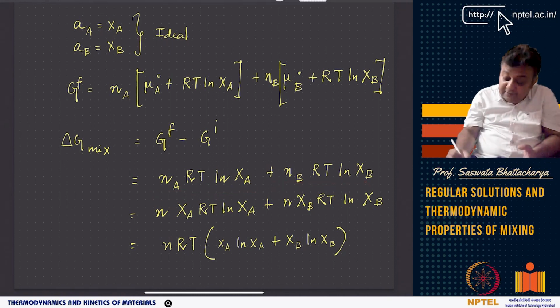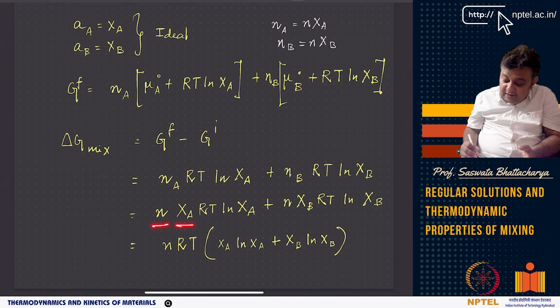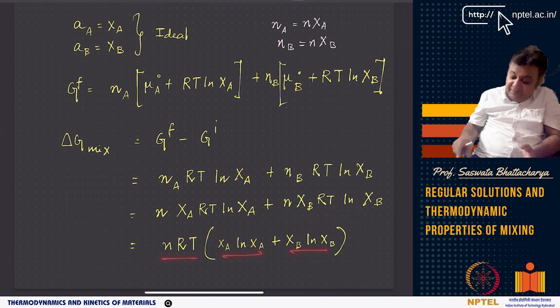Now I can write Na as N times XA, and Nb as N times XB, where N is the total number of molecules or atoms. So you get N XA RT ln XA plus N XB RT ln XB, or N RT (XA ln XA plus XB ln XB).